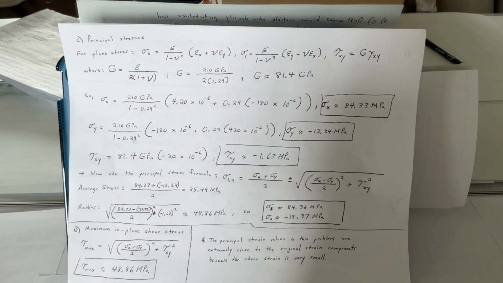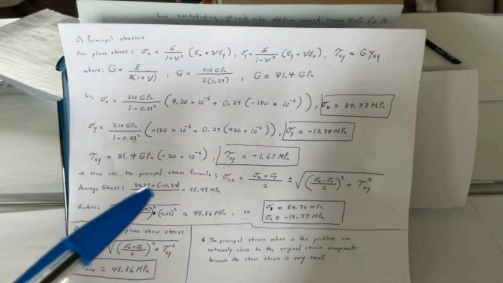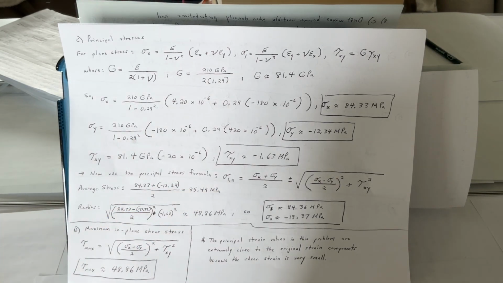So now using the principal stress formula, sigma sub 1, 2 is sigma sub x plus sigma sub y over 2 plus or minus the square root of the quantity sigma sub x minus sigma sub y over 2, squared, plus tau sub xy squared.